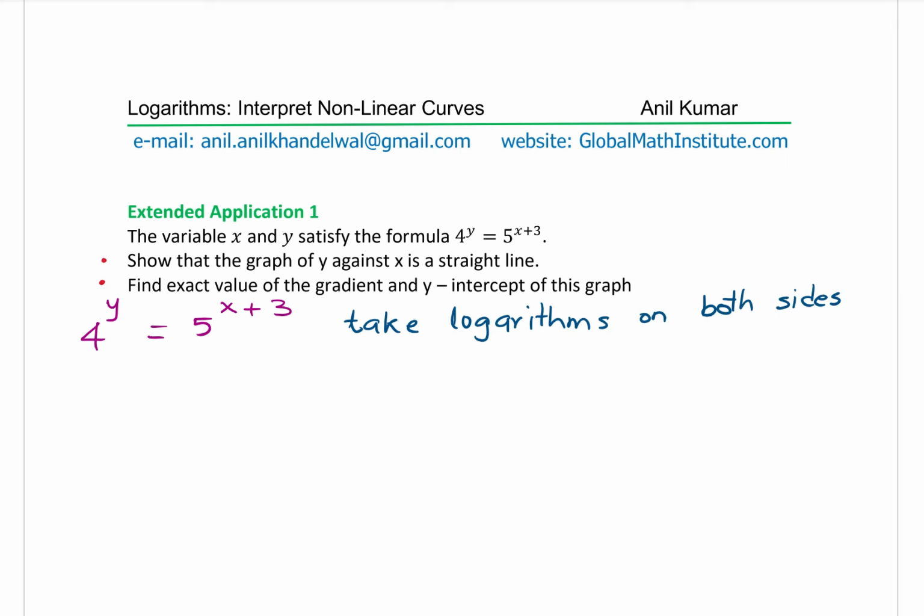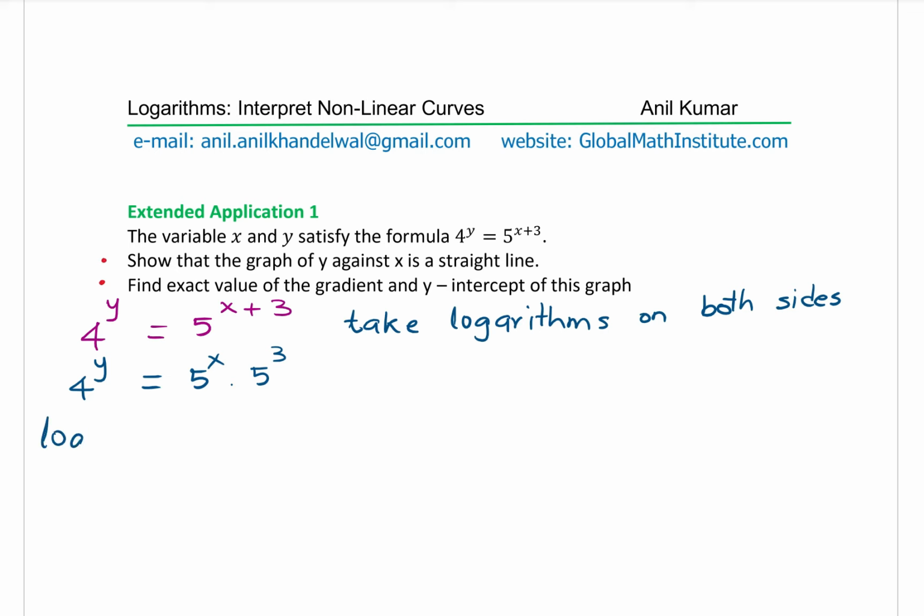Before this, you could write the exponent x plus 3 in product form. So I'll write this as 4 to the power of y equals 5 to the power of x times 5 cubed. Now we are going to take logarithms on both sides.